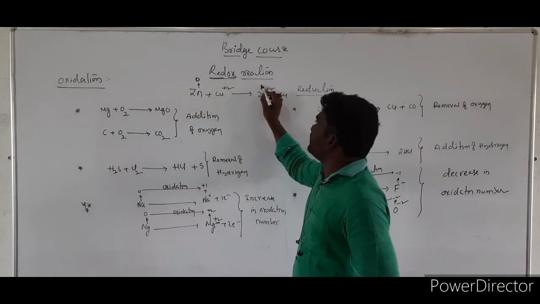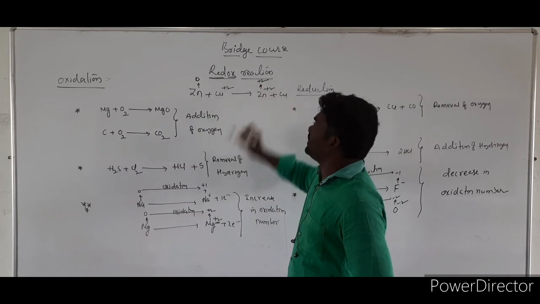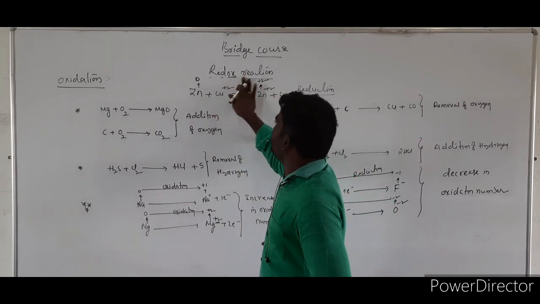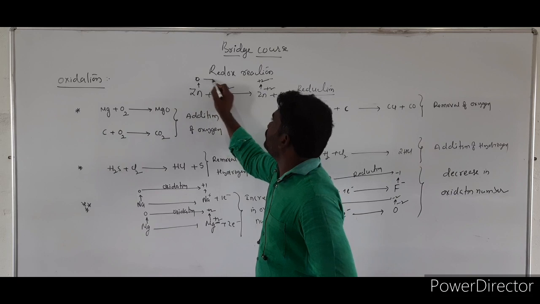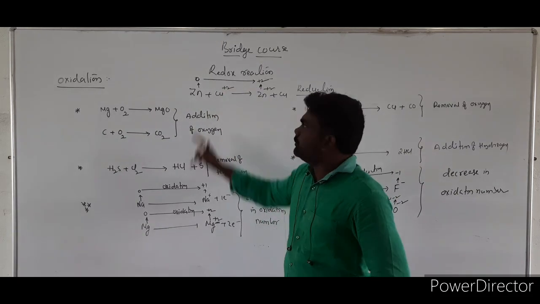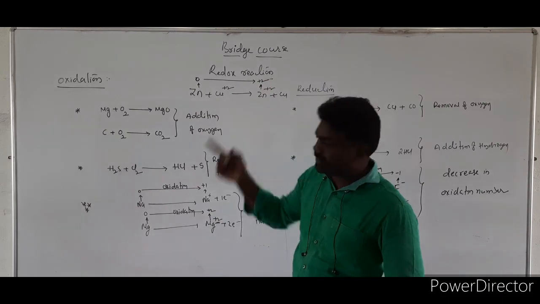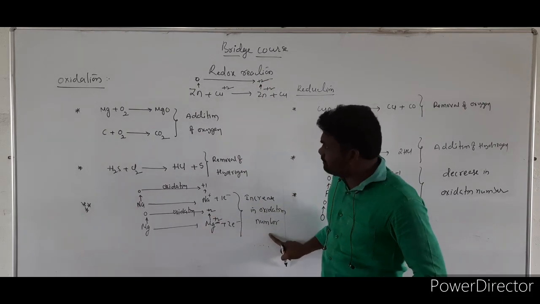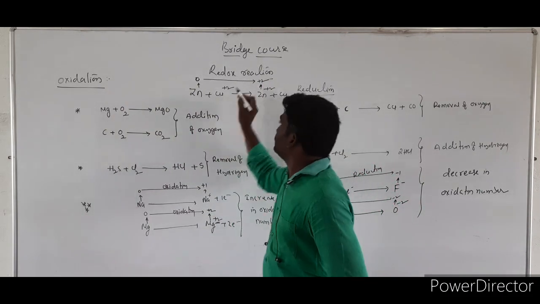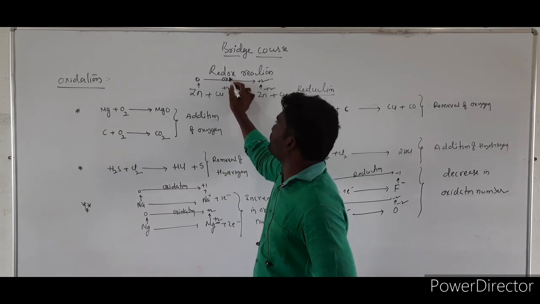Here Zn is plus 2. So zinc is converted from 0 to plus 2, the number is increased. Increase in oxidation number is called oxidation.